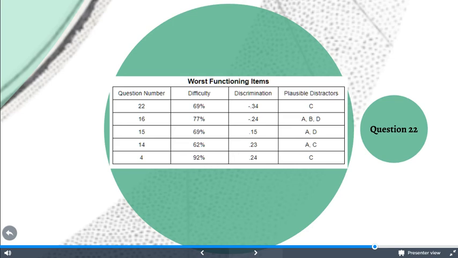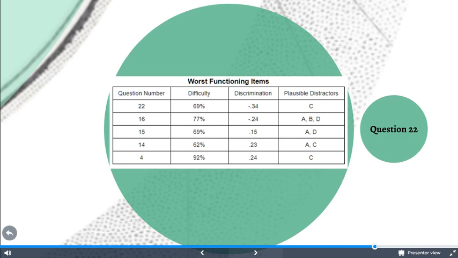Both of those definitely warrant further investigation as to why that had happened. Another thing to notice is that in terms of difficulty level, our most difficult was 62%, and then our easiest difficulty was 92%.